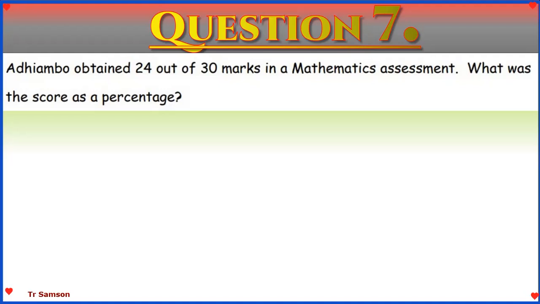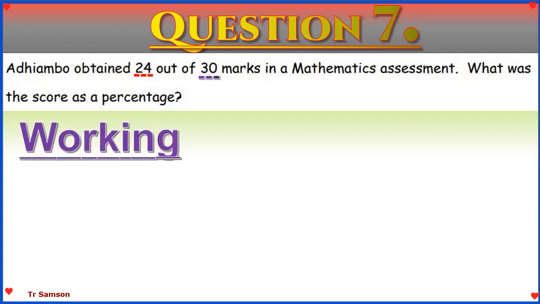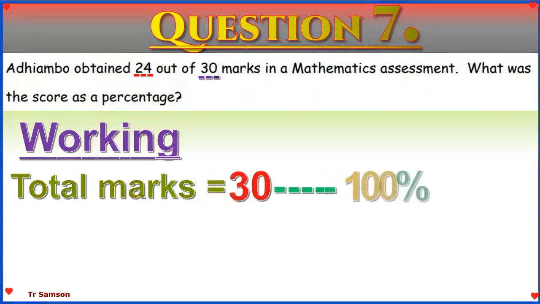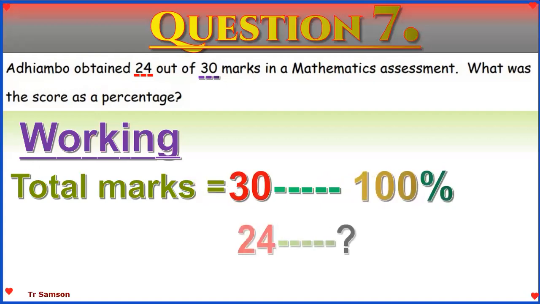So this is conversion, converting fractions into percentages. So 24 out of 30. If she had scored 30 over 30, we would say she has 100%. So 30 equals 100%. What about 24? It will be equal to what percentage?